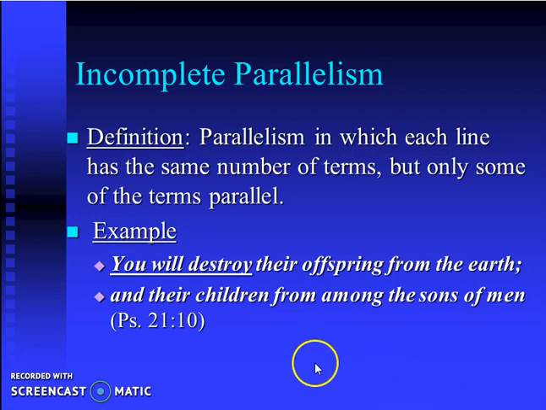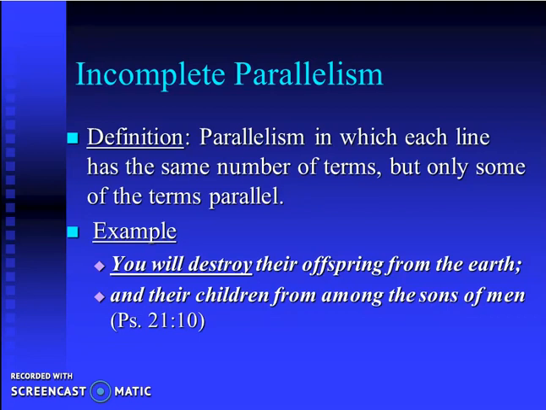Now, parallel with their offspring is their children. Parallel with from the earth is from among the sons of men. But there's nothing parallel in the second line of poetry with you will destroy. The verb is left out, assumed, but left out.